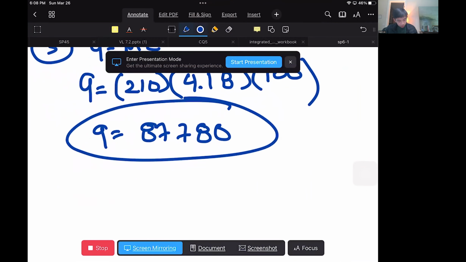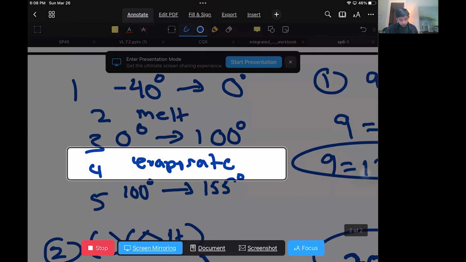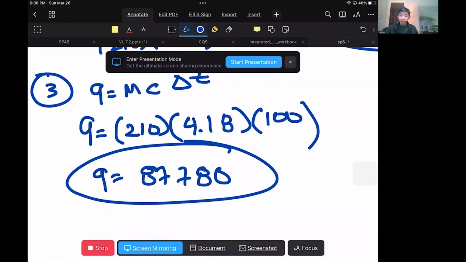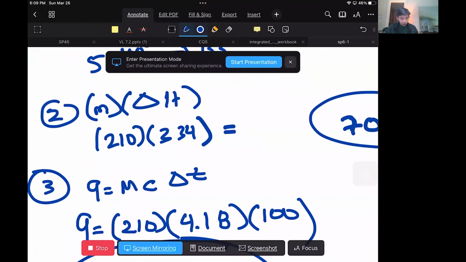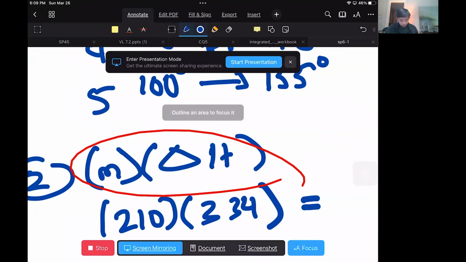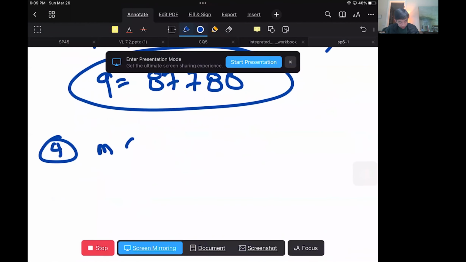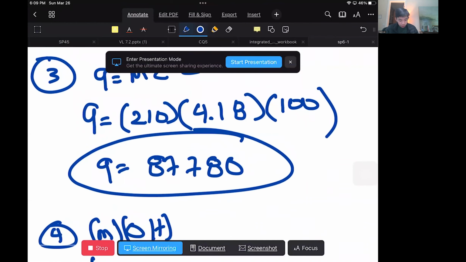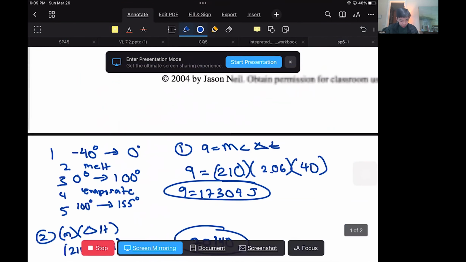Now we're on to number 4, evaporate. This is another phase change, so it's still going to be the same M times delta H, mass times enthalpy. Our mass is still 210. This is not going to change whatsoever.